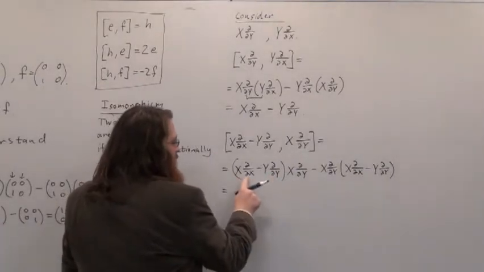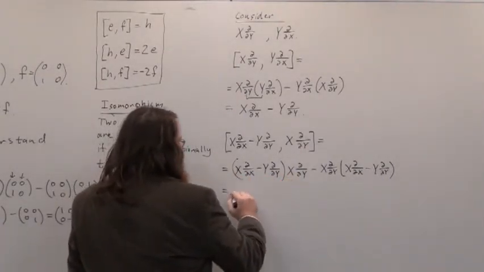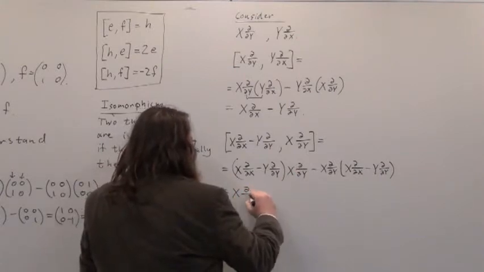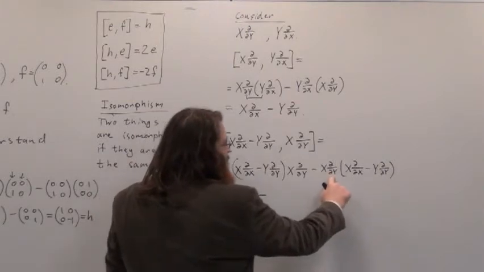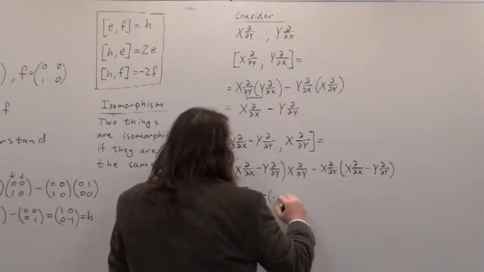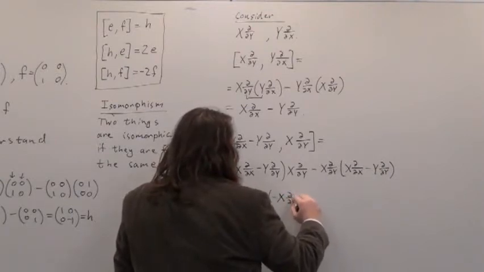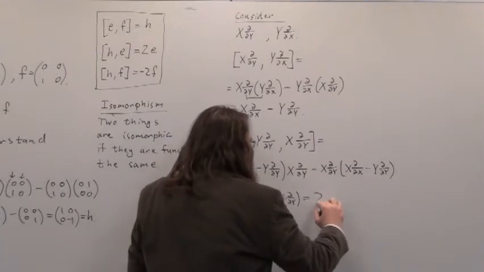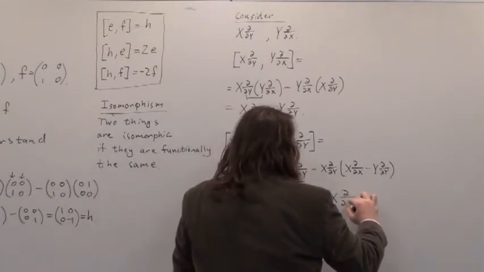The only thing that survives here is that the derivative with respect to x is 1, so I'm left with x times the derivative with respect to y, minus, the only thing that survives here is this term, so I get a minus x times the derivative with respect to y, so I get 2 x dy.